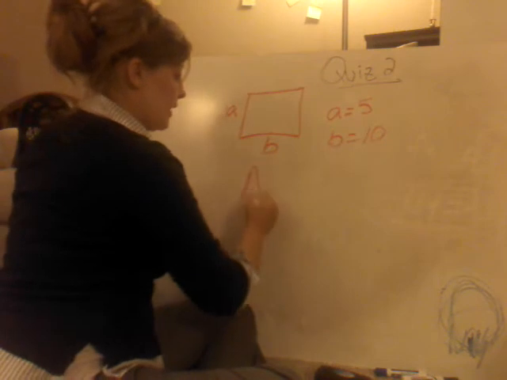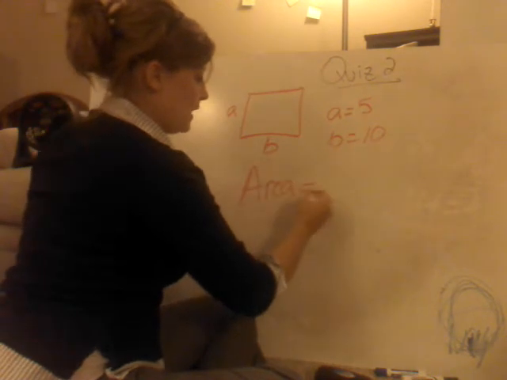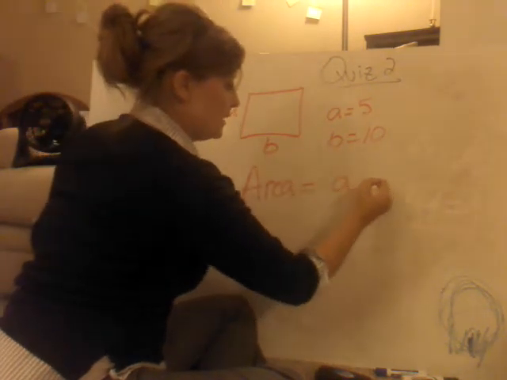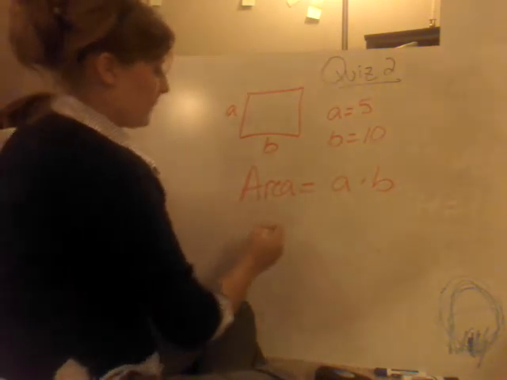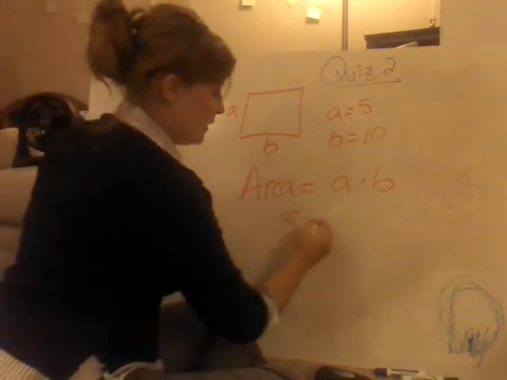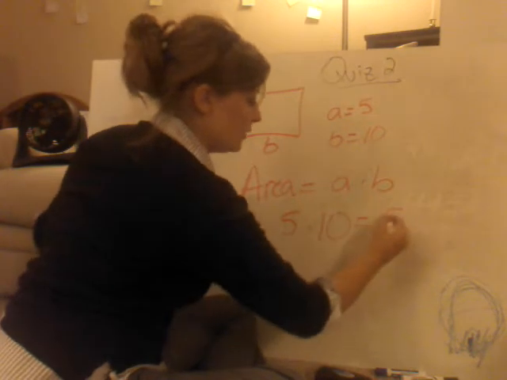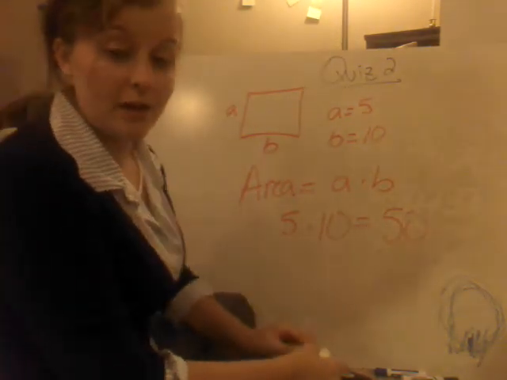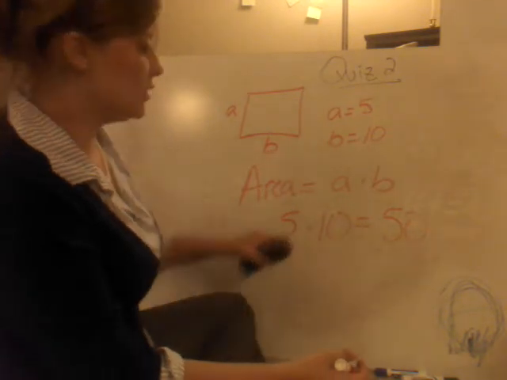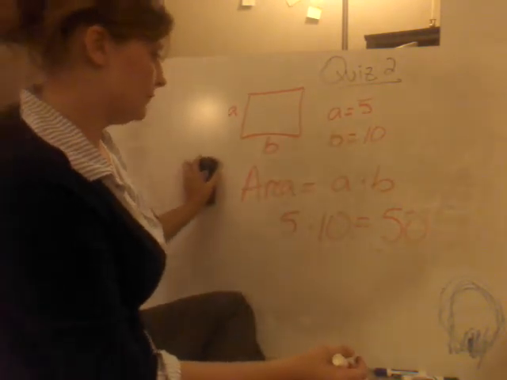The area is one side times the other side. So this is 5 times 10 equals 50. The area of our square was 50. That's all we needed to do was just multiply 5 times 10.